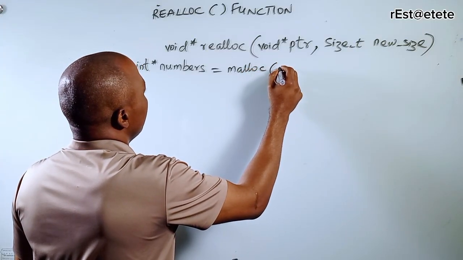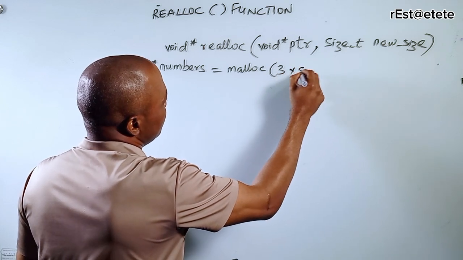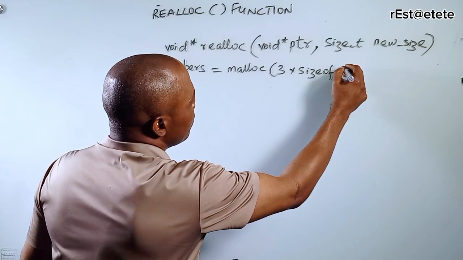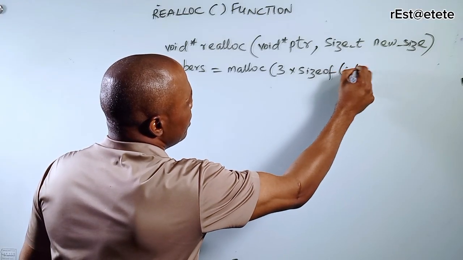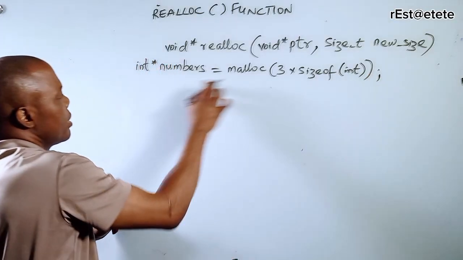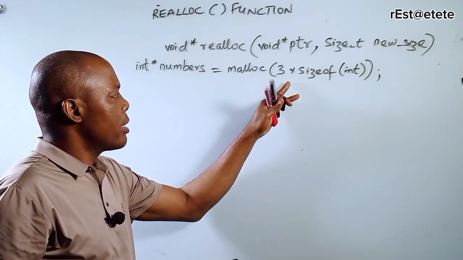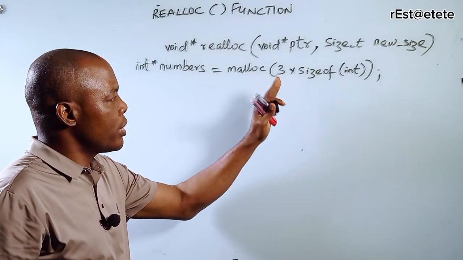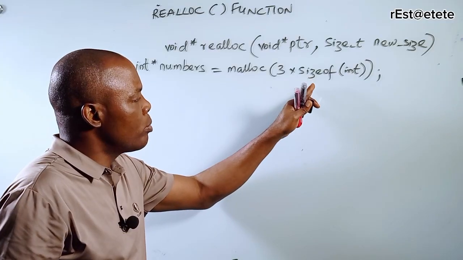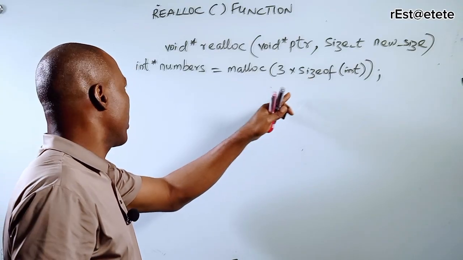Then initially it was 3 integers times sizeof(int), right? So this is how we use our malloc to create memory size for 3 integers using one single block of code. So the single block is 4 times 3, that is 12 bytes will be allocated.